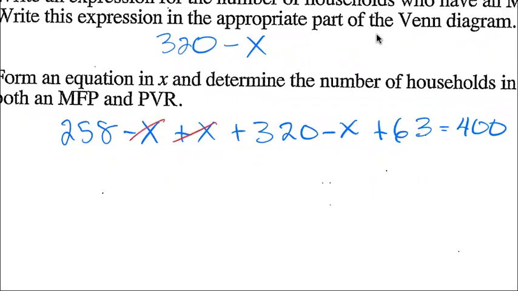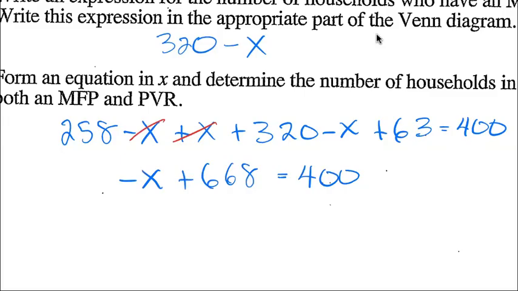And then I'm just left with this minus X. And then I go 285 plus 320 plus 63 gives us 605 is equal to 400. Oh, sorry, not 605, 668.